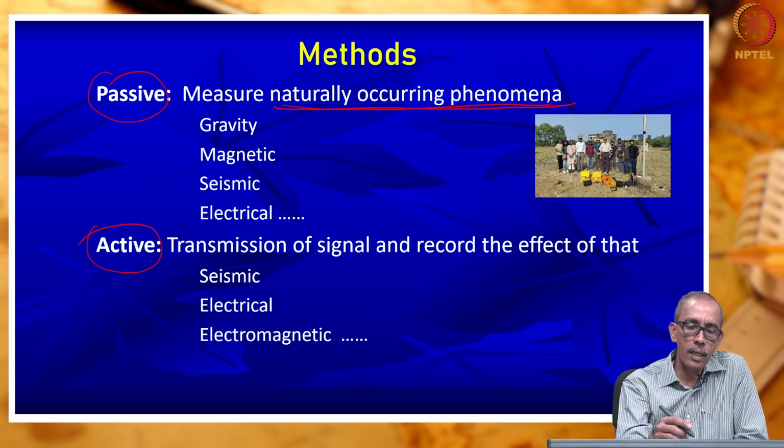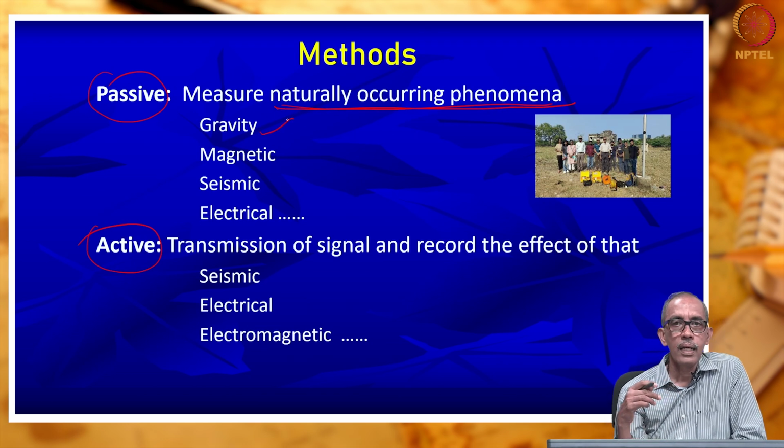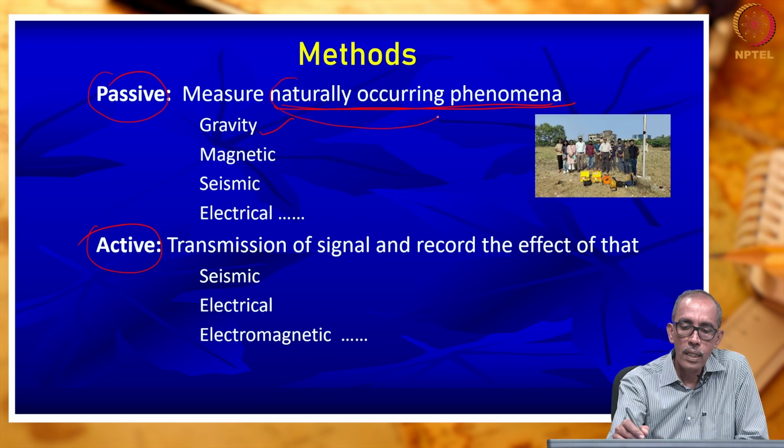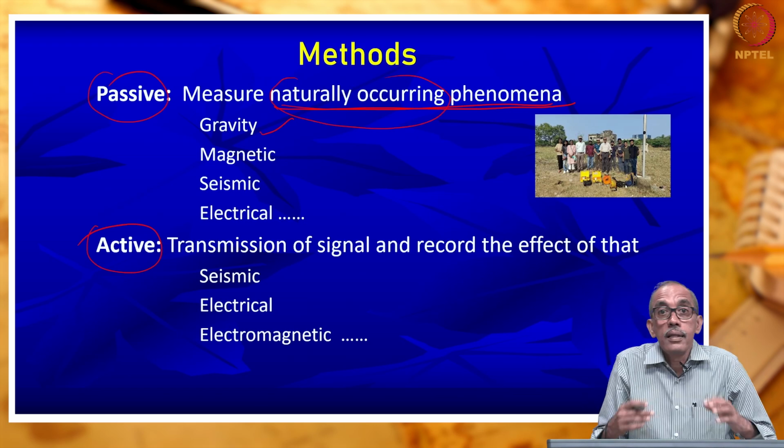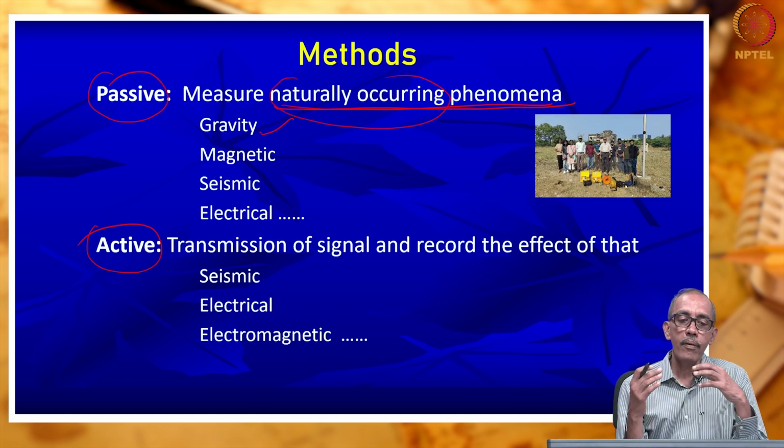What is naturally occurring? For example, gravity. Gravity is there everywhere around the earth. So, if you measure the gravity, then that method is called a passive method. What do we mean by passive method? That means whatever physical phenomena occur naturally, when we measure that, it is called a passive method.